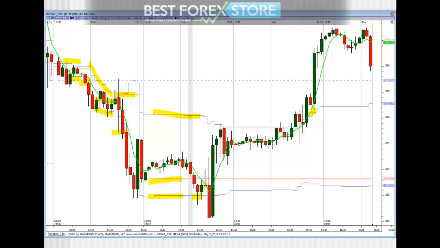We shot up from it, and then the volume point of control was a level of resistance. We dropped, but then we came back much stronger with a very powerful burst to the upside. So it would be reasonable to take a long here at this point when we take out the high of this candle, and sure enough, again, the targets would be the same.